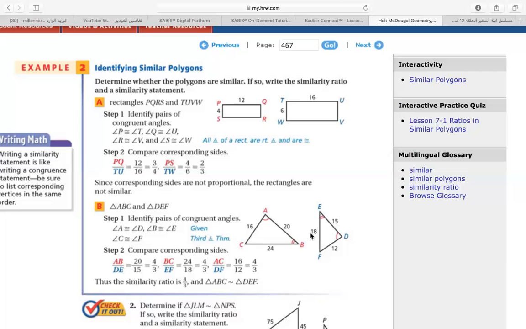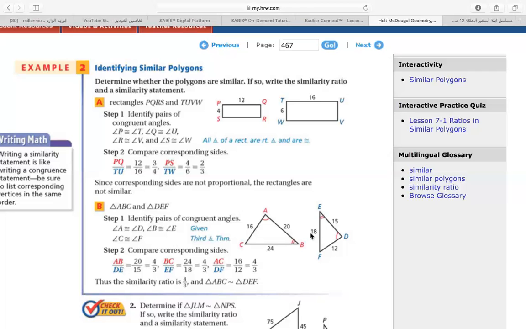So which pair of angles are we going to talk about? Teacher, it's example B. Yes. Mais, you were talking about what? I was talking about E and B.